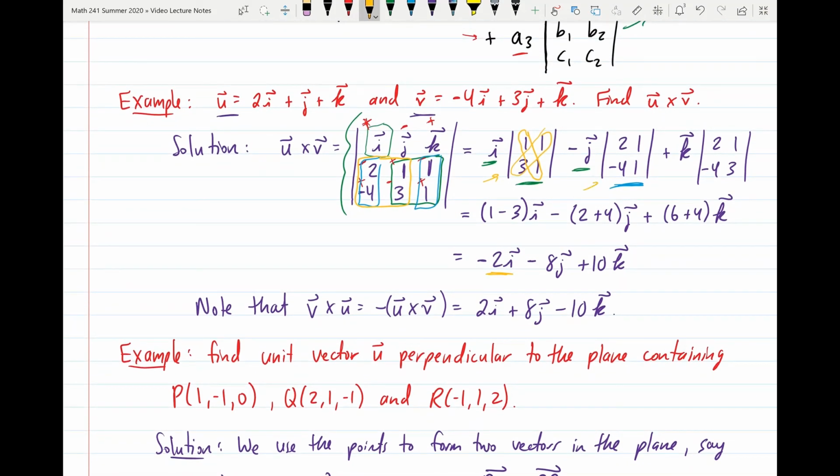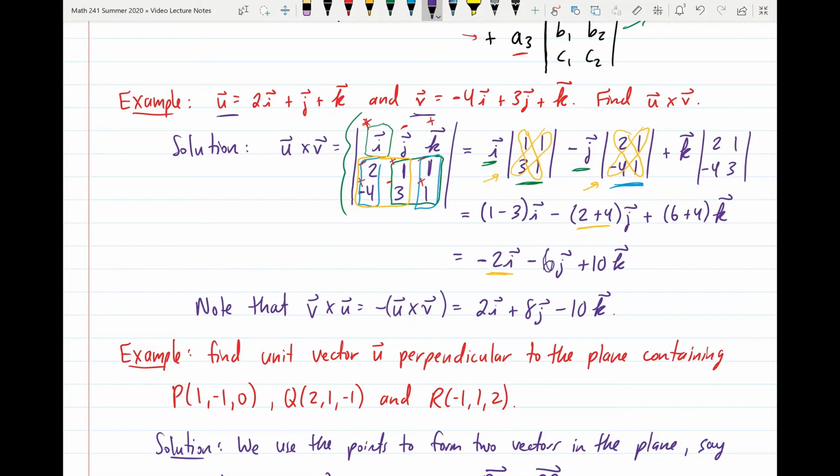Now for this matrix over here, we have 2 times 1 minus a minus 4 times 1. That'll give us 2 plus 4, and I think I just made a little bit of a mistake here. This should be a 6.